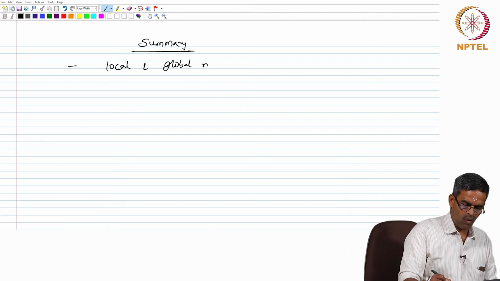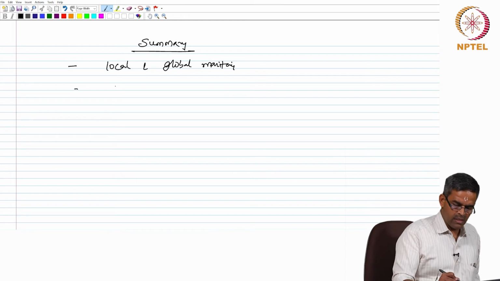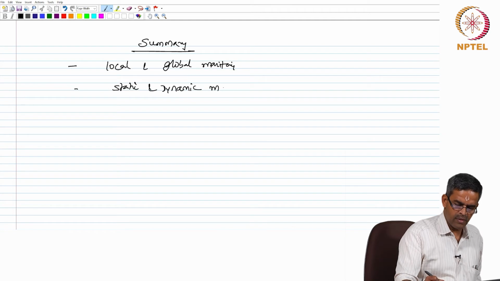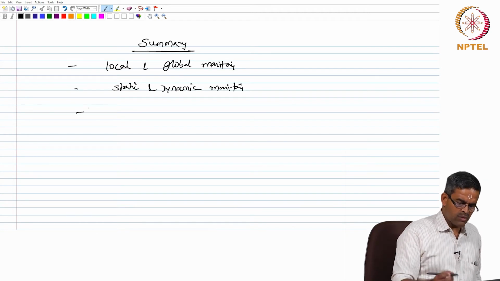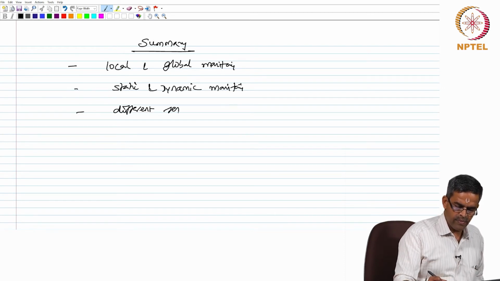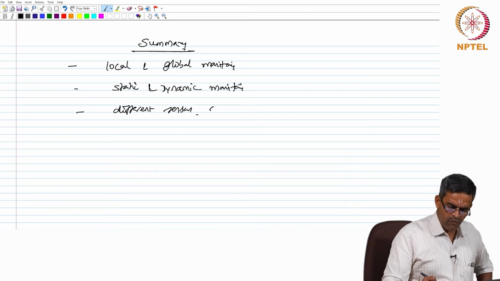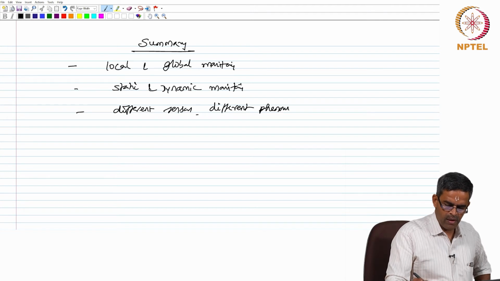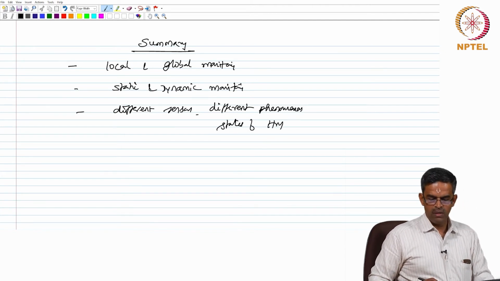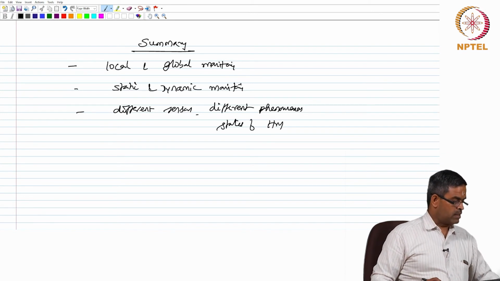So, friends, in this lecture we learnt about local and global monitoring. We understood under what conditions static and dynamic monitoring are carried out. We also learnt the use of different sensors for different monitoring phenomena and different states of health monitoring like local, continuous, periodic and triggered monitoring.